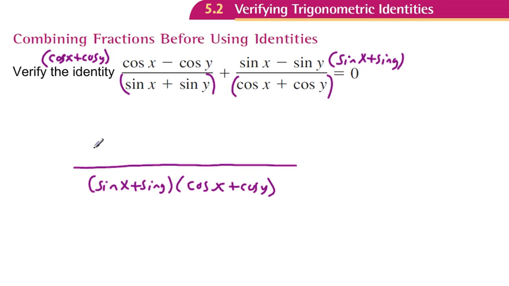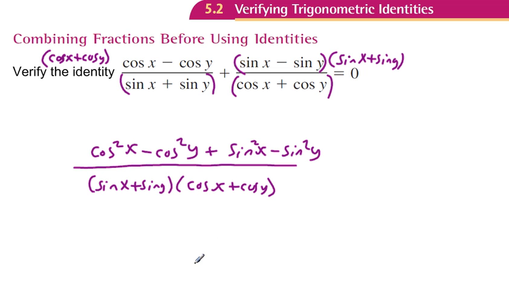I just squared the first one, cosine of x squared, and then I square the second one, minus cosine squared of y. Okay, so if you were to FOIL all that, then this is what you'd get. Same thing over here. This is like a minus b, a plus b. So that means I'm going to get sine squared of x minus sine squared of y. And that's it there. Good.